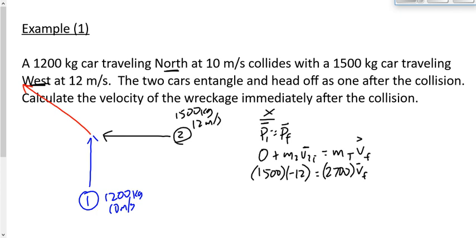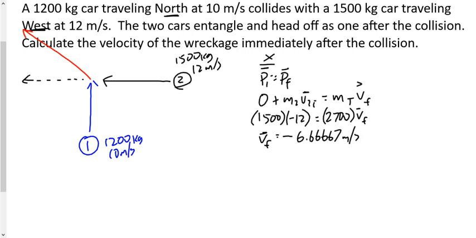When we multiply 1,500 times negative 12 divided by 2,700, we end up getting a VF here of negative 6.66667 meters per second. Write down the unrounded number because it's not a final answer. What we just found is the x component of my final answer.